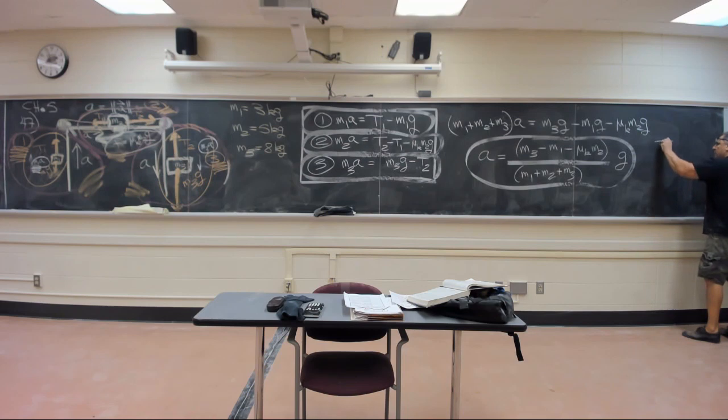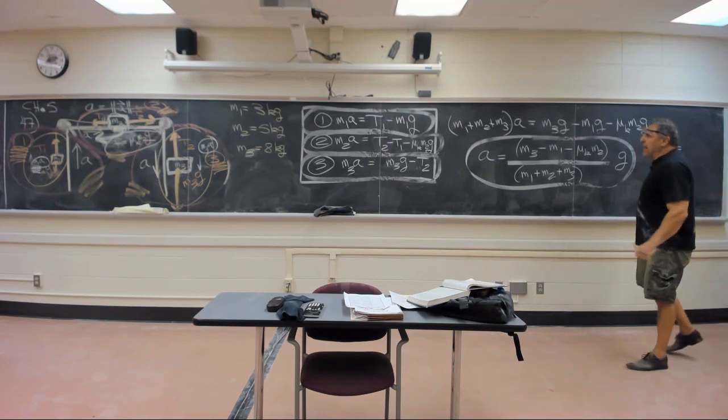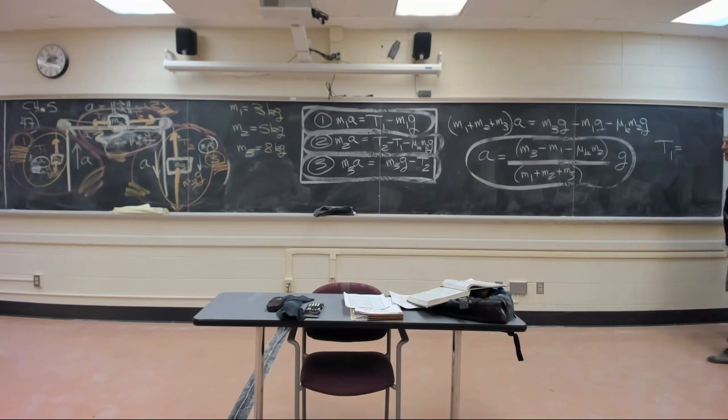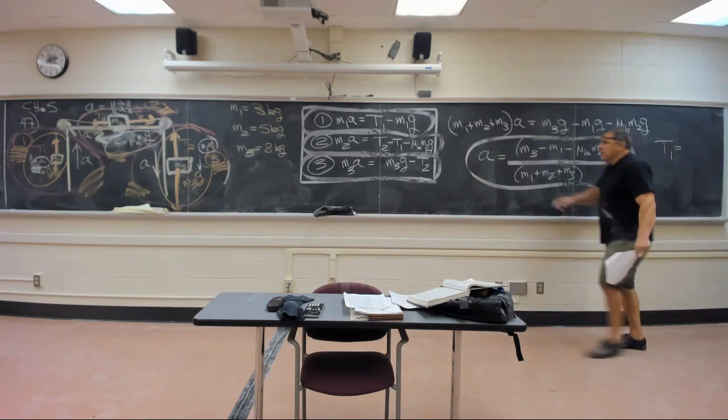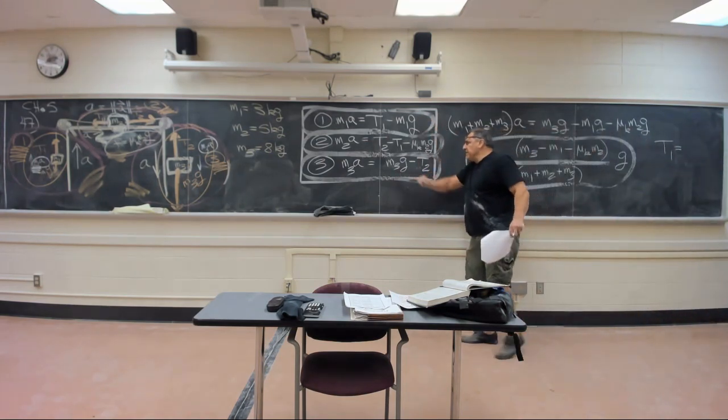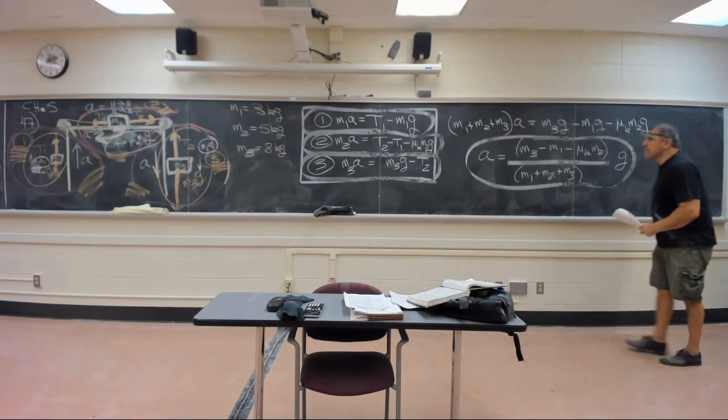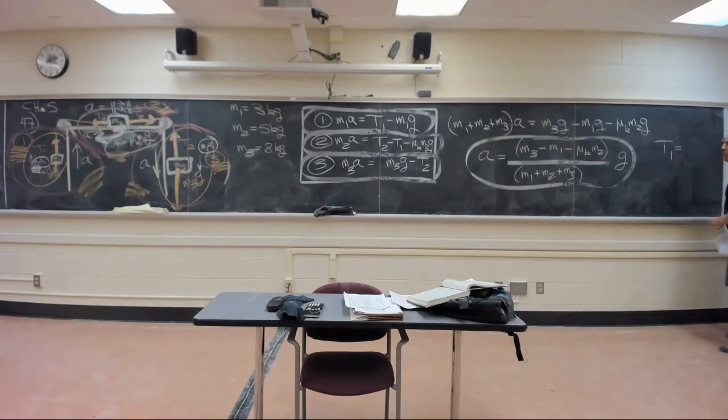You just said these other guys, the very top and very bottom equations, are the same as what they originally were. Solve for T1 and solve for T2, please. Right? Well, you remember that.